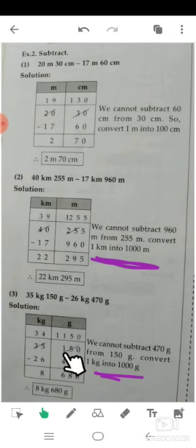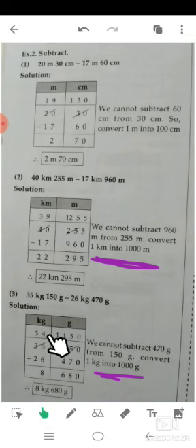It's the same case. 470 can't be subtracted from 150. So 1 kg is given to this value. Here 34 remains. 150 plus 1000 equals 1150. Now the subtraction takes place because it's a larger value. 1150 subtracted by 470, the value is 680.